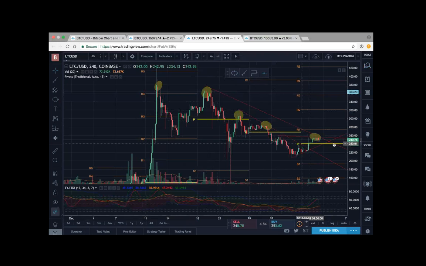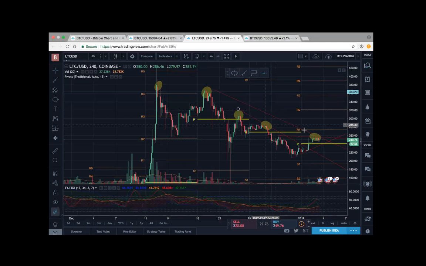Anytime price is right here between these levels, barely above the pivot level or barely below it, and it's been trending down, that's letting you know there's a possibility that they can push it up right here. Because if they push it up to R1, that high is still lower than this last high.